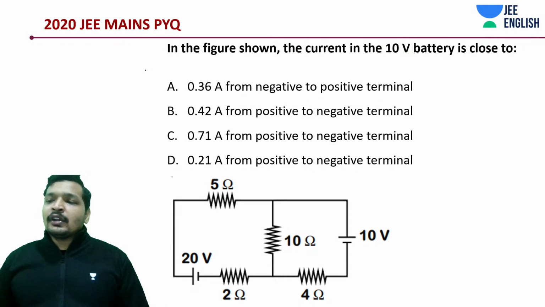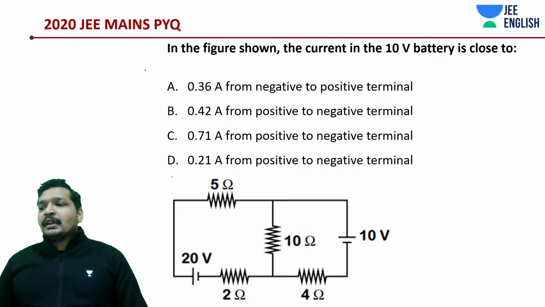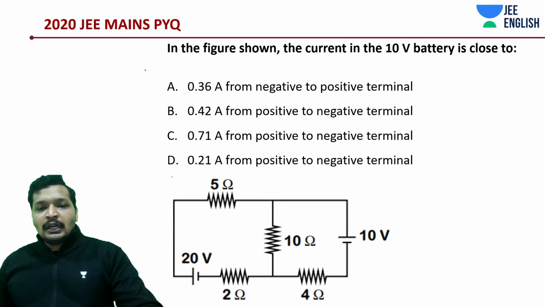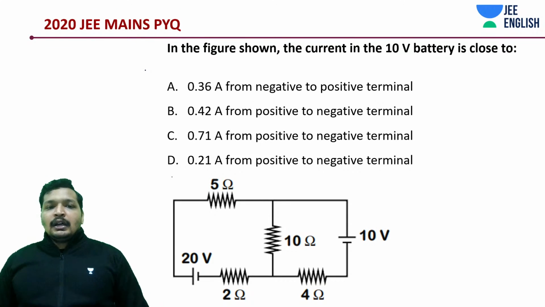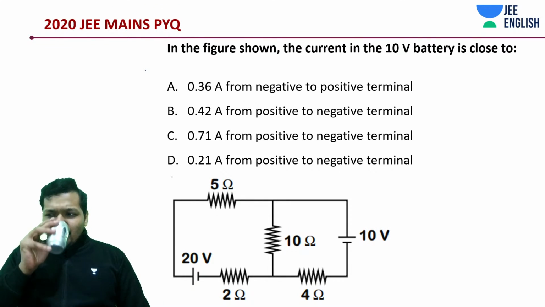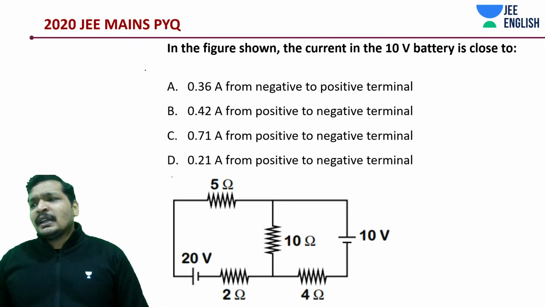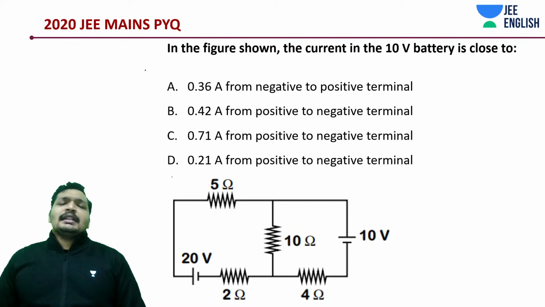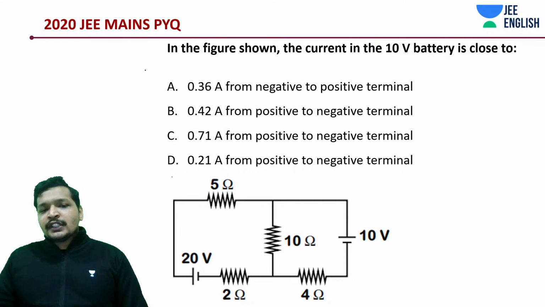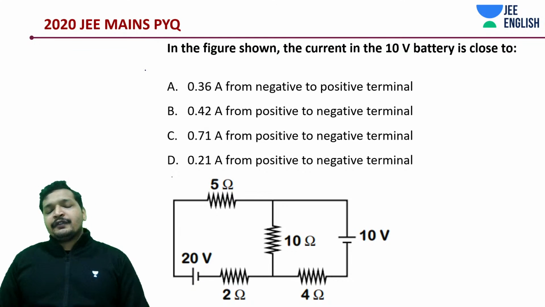I'll come to one of the concepts around this. Have a look at this question until then and try to guess the answer. At least try to guess which is not the correct answer. That should be good enough.